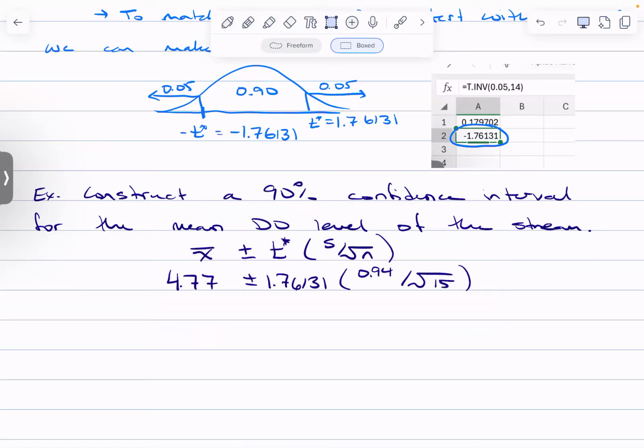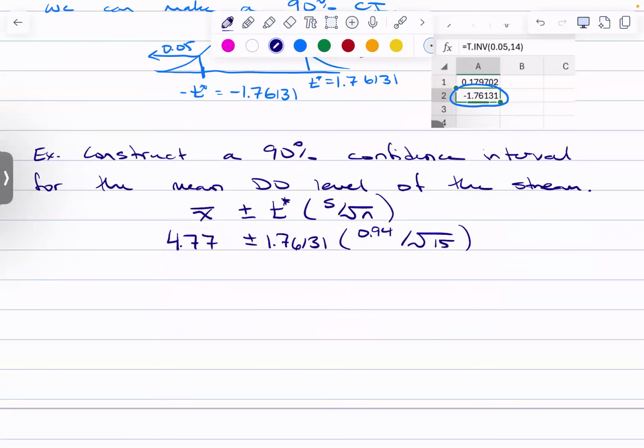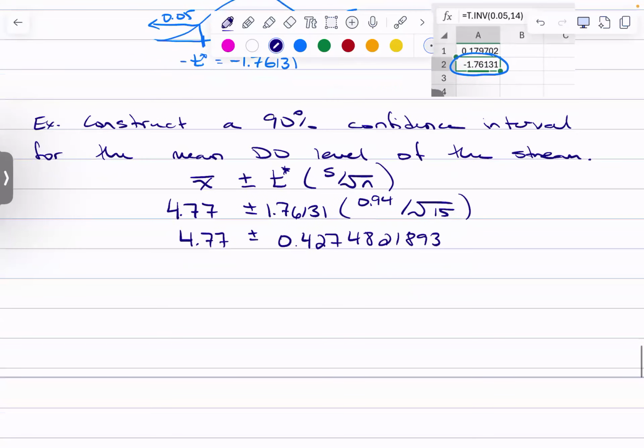I'm going to multiply that by 1.76131. May as well use all the values we can get, which makes my margin of error 0.4274821893. Which I can store. 4.77 minus that guy is 4.3425178111.